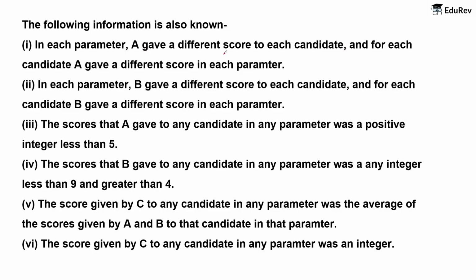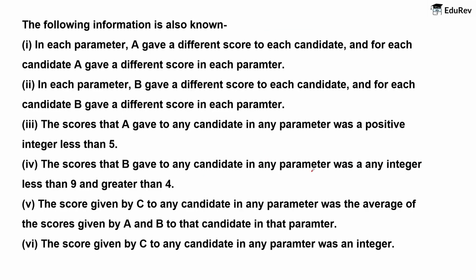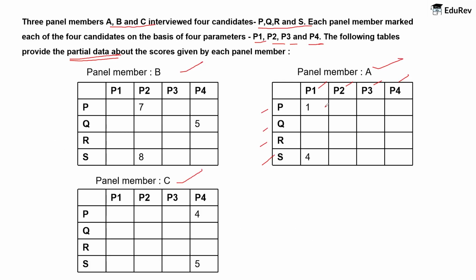In each parameter, A gave a different score to each candidate, and for each candidate, A gave a different score to each parameter. It means in each parameter, so P1, P2, P3, P4, A gave a different score to each candidate. It means for candidate P, all the scores P1, P2, P3 and P4 are different.